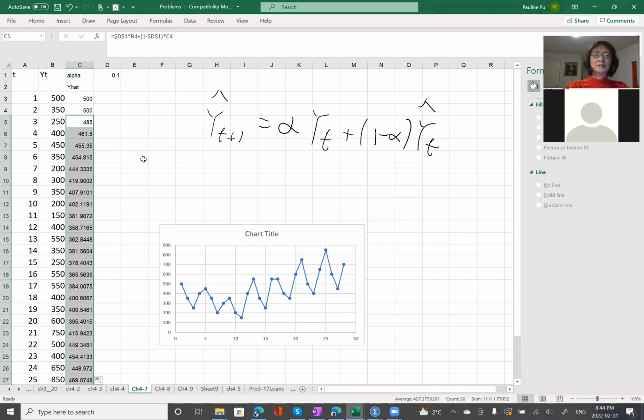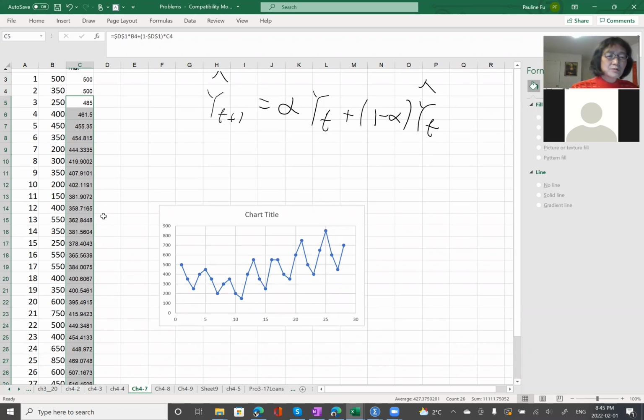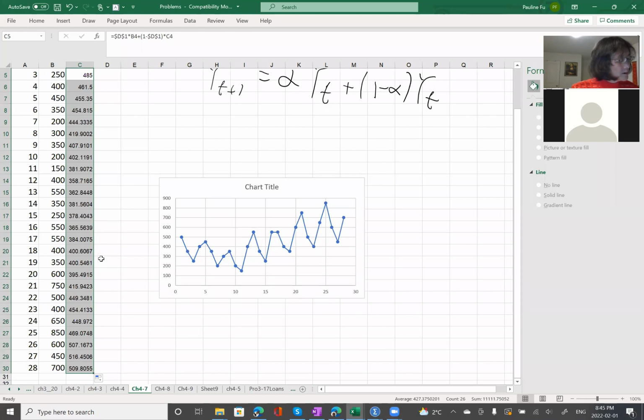That's it. Exponential smoothing. Okay, I copy down other numbers, and you can double check with the textbook. Let me double check. Yeah, the numbers agree with the textbook numbers if you check those.